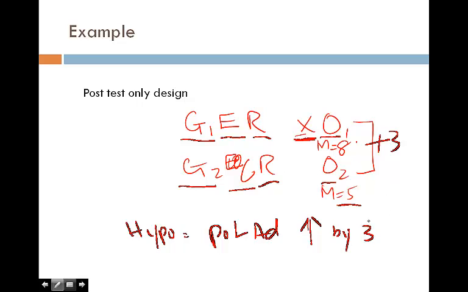Okay. So this is the post-test only design. In this case, there's no pre-test here, and there's no pre-test here. Therefore, it's a post-test only design.